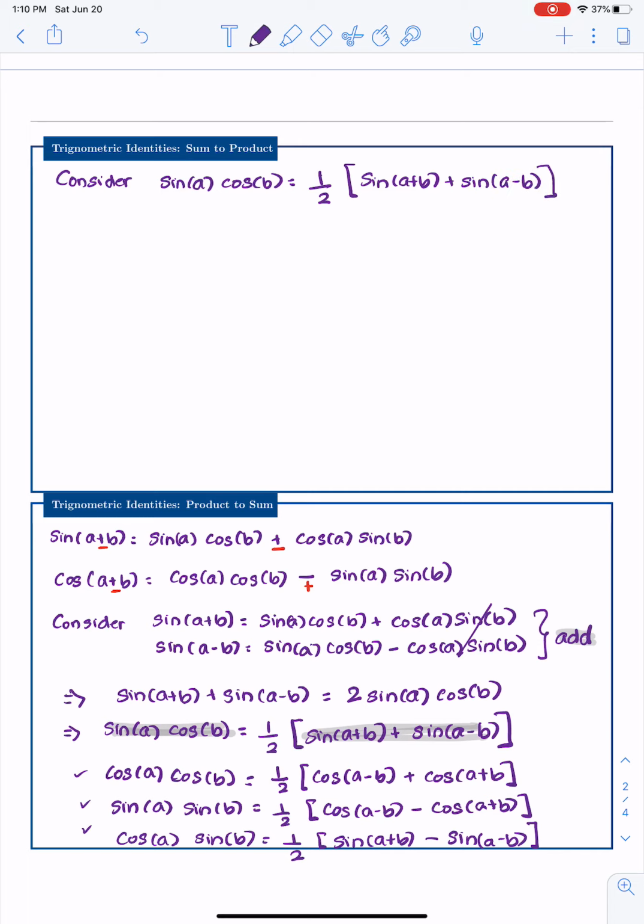In algebra, you might have learned about substitution, and we are going to use substitution again.